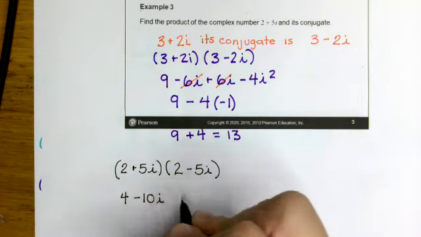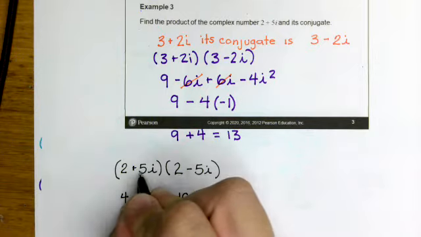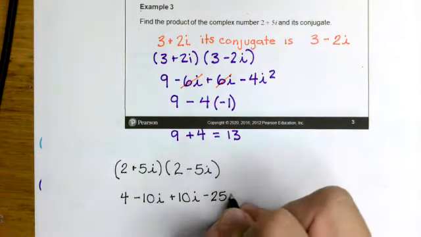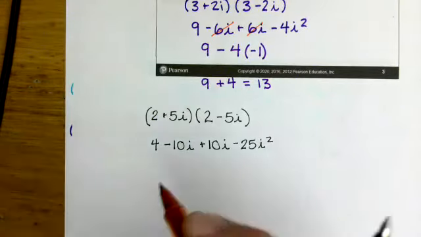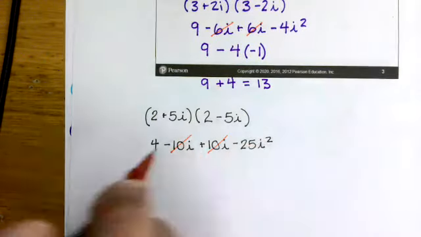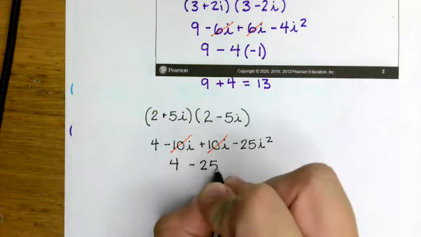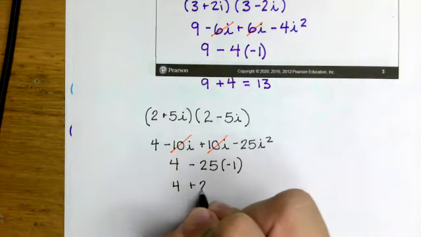Positive 5i times 2 is positive 10i. Positive 5i times negative 5i is negative 25i squared. Negative 10i plus 10i becomes 0. 4 minus 25i squared becomes negative 1. 4 plus 25.